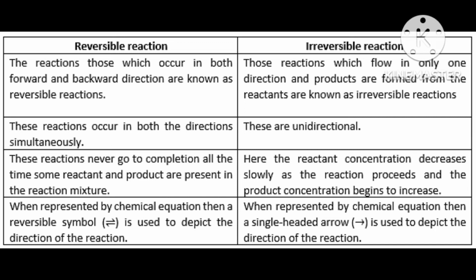You add both: the partial pressure of N2O4 plus the partial pressure of NO2 at equilibrium, which means 4.98 minus x plus 2x.